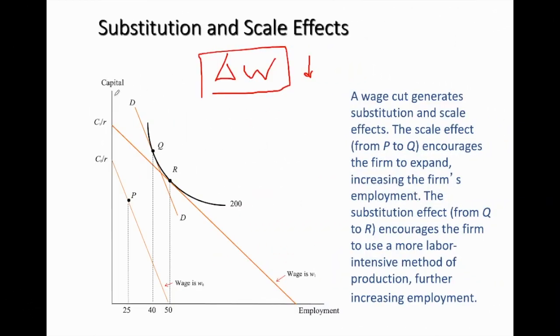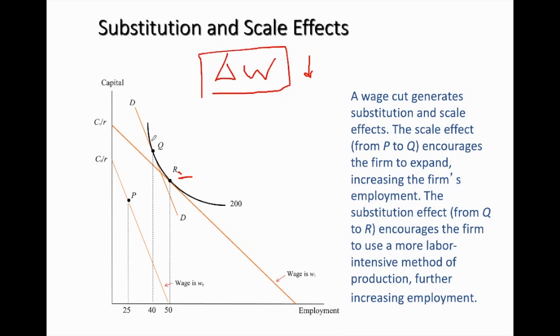So going back to this figure, from the two possible effects that we have identified, in the figure, due to a decrease in the wage rate, the isocost becomes flatter and we have a new tangential point. Okay, that's clear. So the isocost becomes flatter and we have a new tangential point at point R. So now we want to decompose, taking into account the substitution and the scale effect. To decompose the scale effect, first we need to draw a parallel line as indicated by DD here, where this line is parallel to the original isocost.